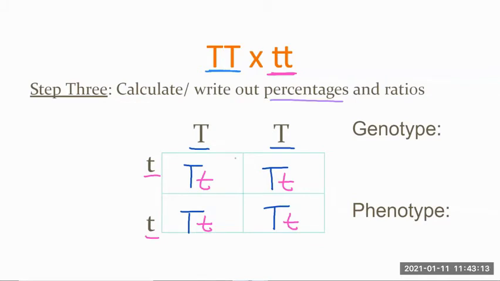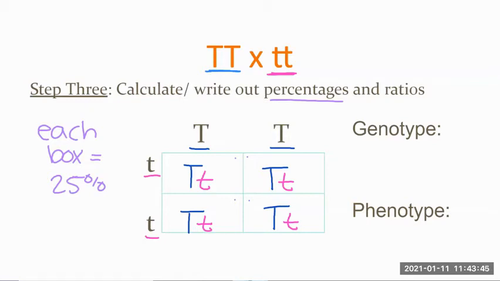Since we have 4 boxes, each box will be 25%. And that makes sense. If you think about a dollar, there are 4 quarters that go into a dollar. 4 25 cents go into a dollar. So each box is worth 25% of the whole Punnett square.